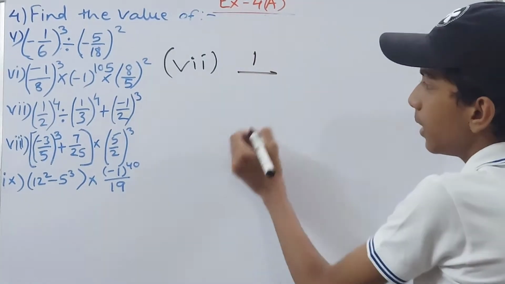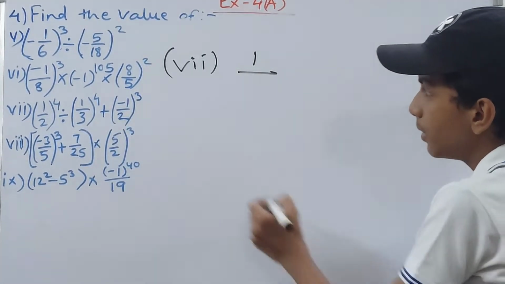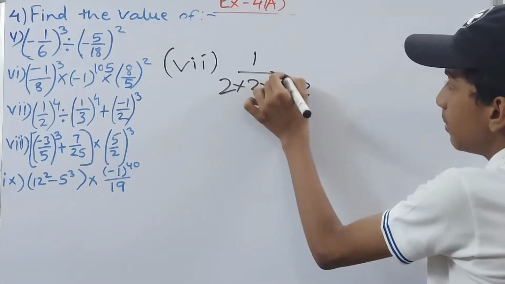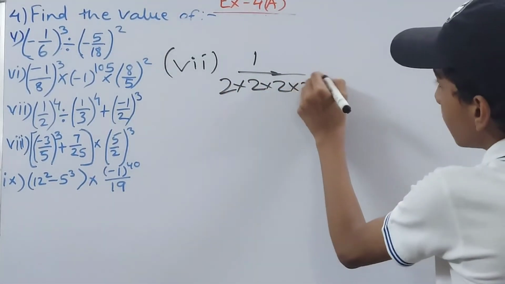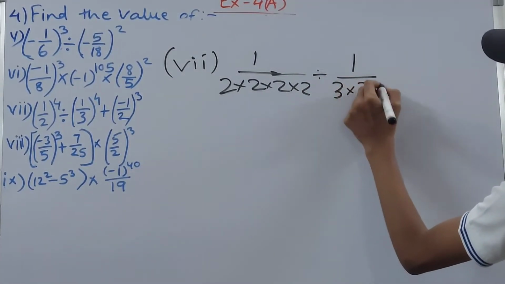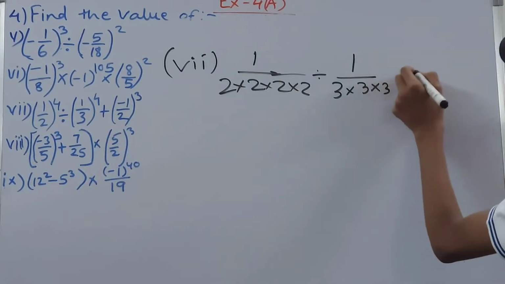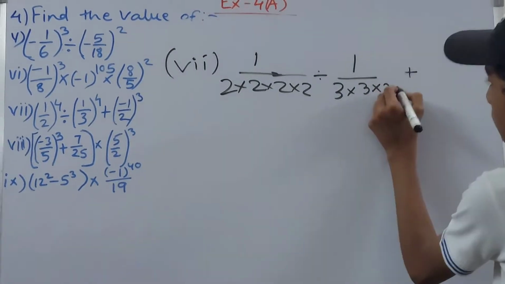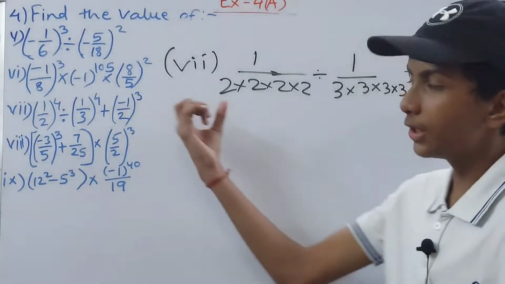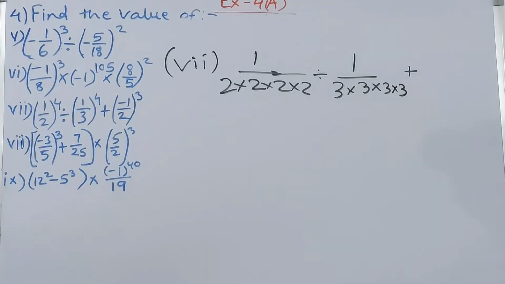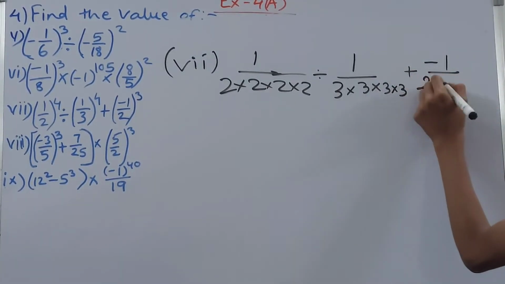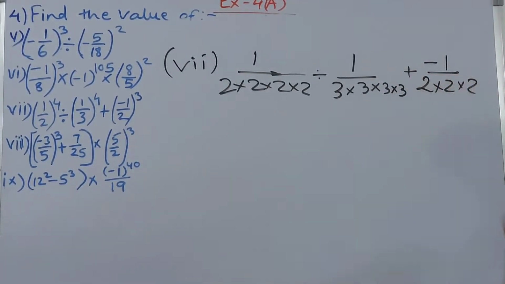So 1 upon 2 to the power 4, you can write it like this, 2 into 2 into 2 into 2, 4 times, divided by 1 upon 3 into 3 into 3 into 3, and plus, then we have minus 1 upon 2 to the power 3, right? So minus 1 to the power 3 will be minus 1 only upon 2 into 2 into 2. You can do it like this.